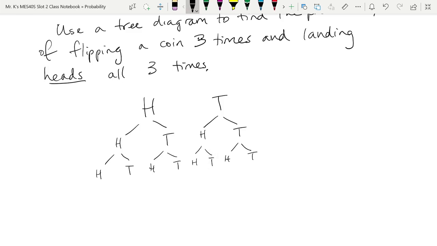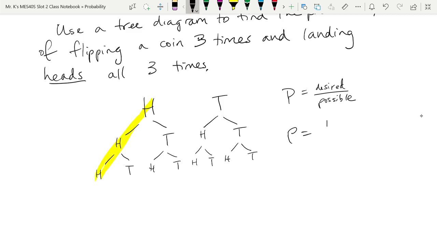So remember, probability is desired over possible. So how many things do I want to have happen in this chart? How many of them are a success? Just this one, right? Heads, heads, heads.